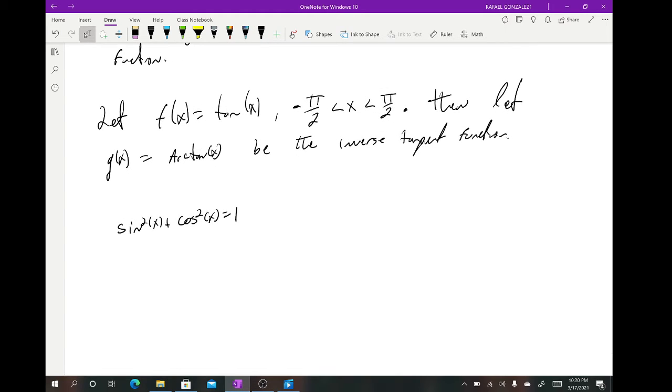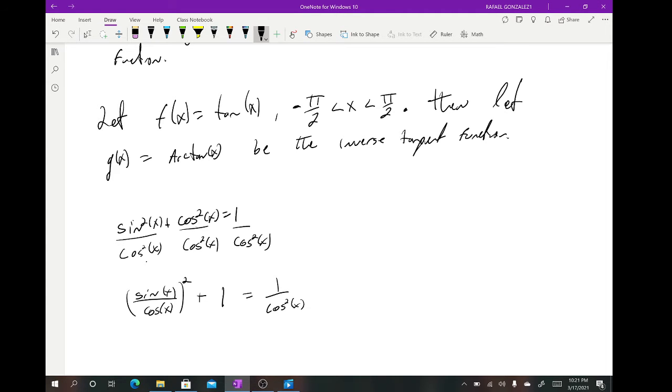Now, if we divide everything here by cosine square x, what we have is sine square x over cosine square x. We could write that as sine of x over cosine of x, the whole thing squared, plus cosine of x divided by cosine of x, both of them squared is just 1, and then 1 over cosine square x.